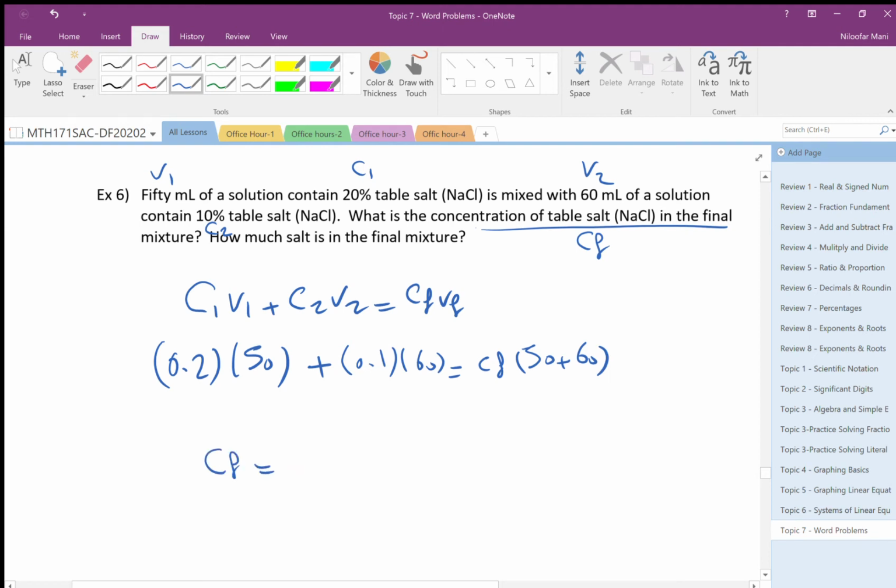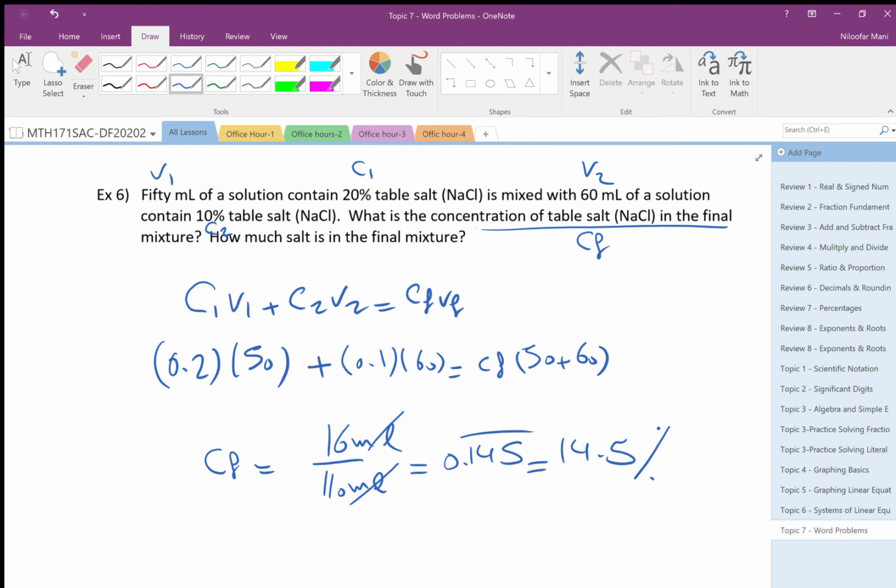When you find the answer, it is 16 divided by 110, and the milliliter cancels. So it is 0.145 repeating, which means 14.5%. That's the percentage.